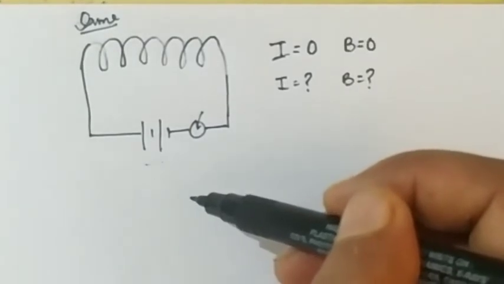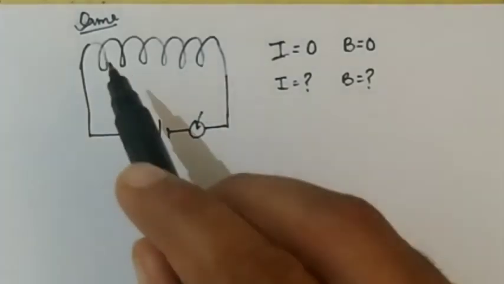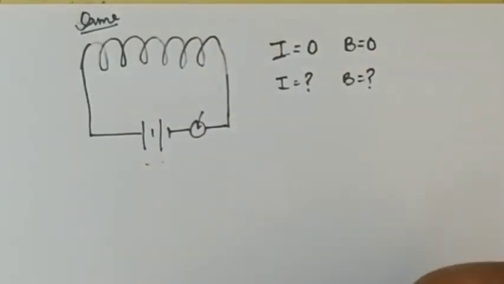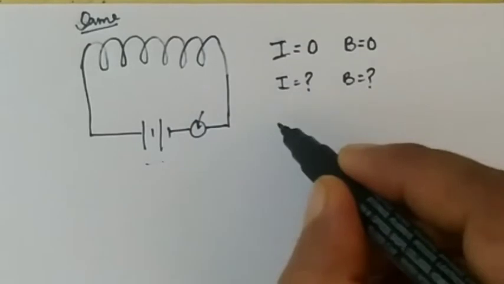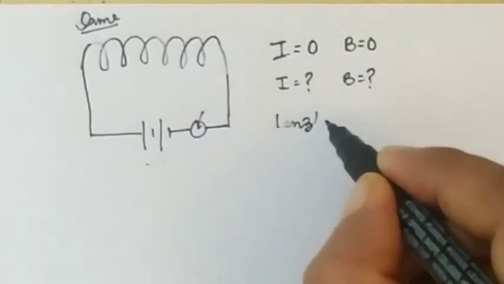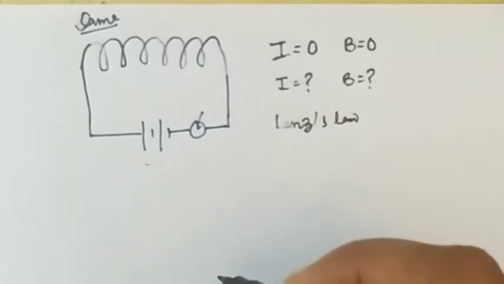So according to Faraday's law, whenever there is a change in magnetic flux linked with the coil, an induced EMF or induced current is produced in this loop. Also, Lenz's law says that the induced current is produced in such a way that it opposes the cause of producing it.